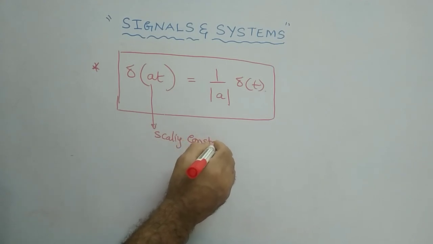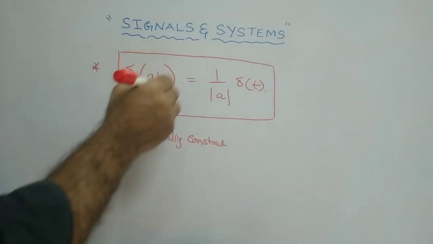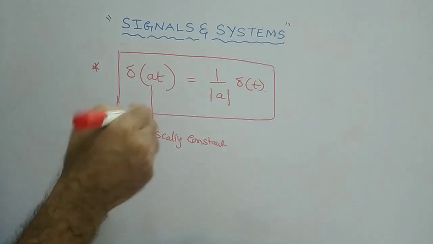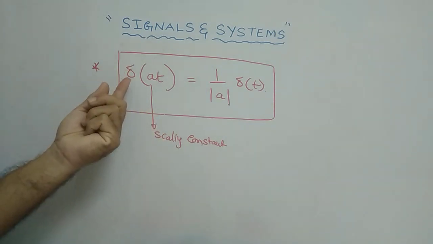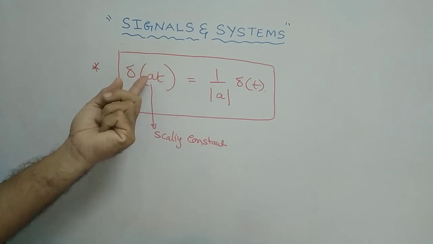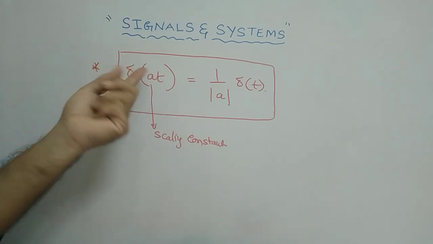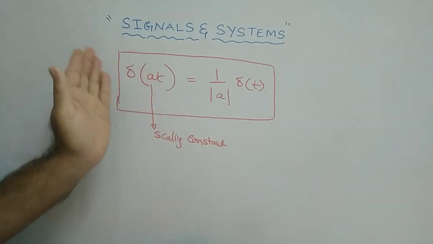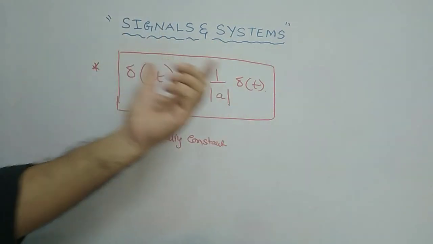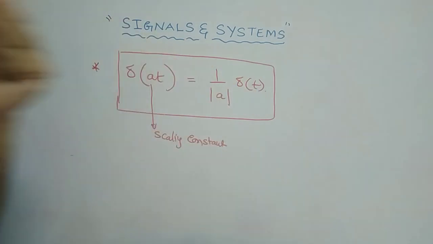That's why this property is called the scaling property of the unit impulse. So if the time is multiplied with some constant a into t, then this is equivalent to 1 by a of delta t. Clear? This is one important property.